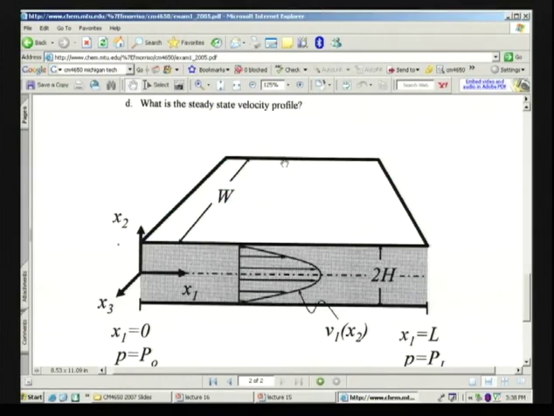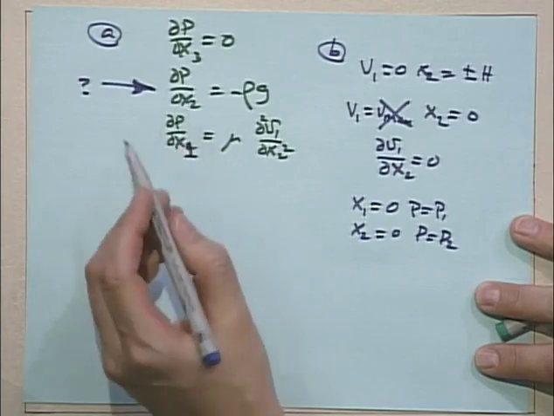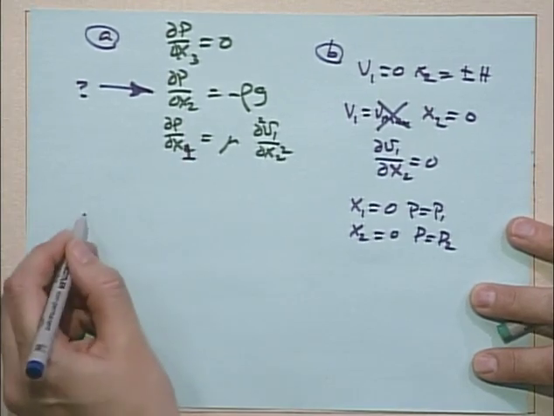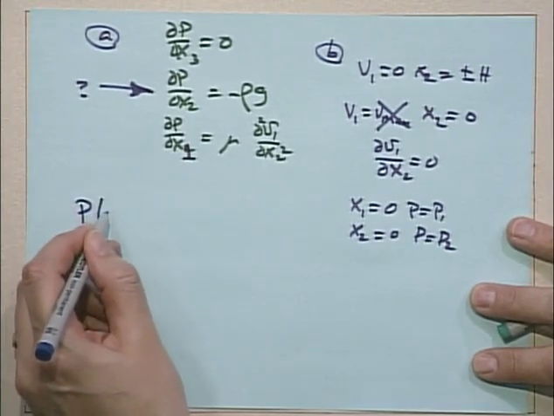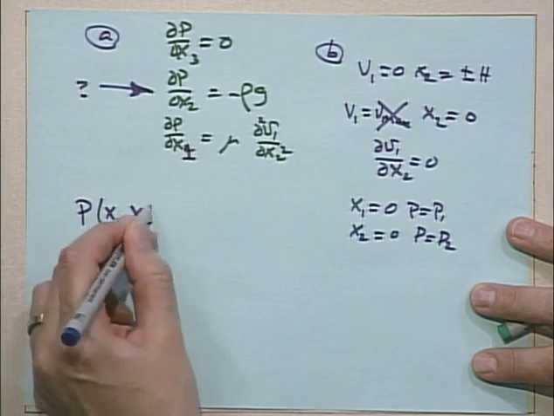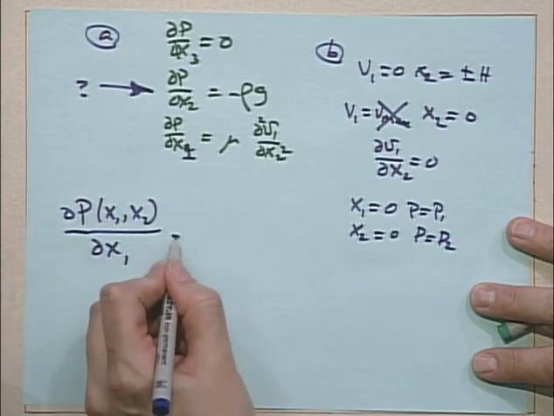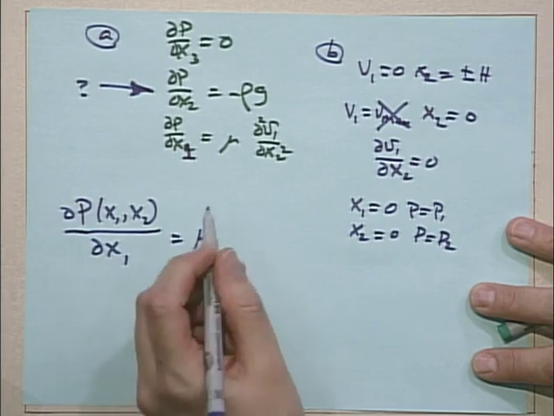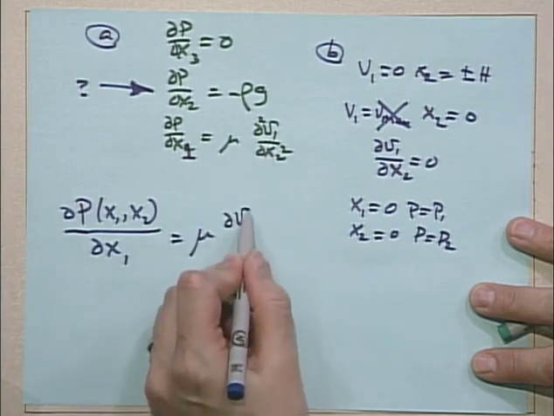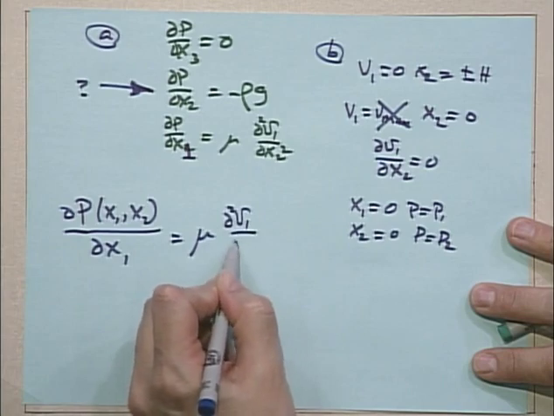Okay, so if we don't neglect gravity, then pressure is a function of x1 and x2. And its partial derivative with respect to x1 has to be equal to mu times the second partial derivative of v1 with respect to x2.